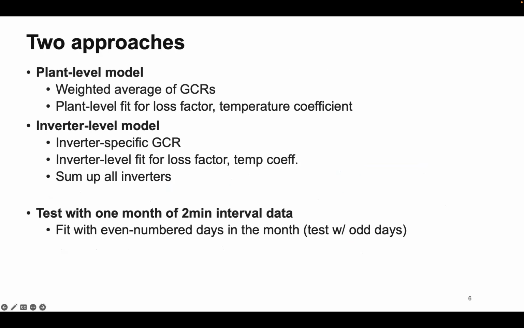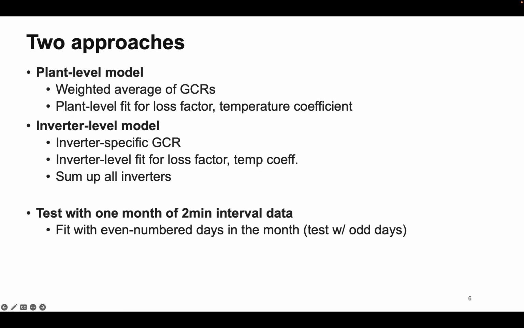There's these two approaches. What we previously did is a plant level model with a weighted average GCR as an input to our self-shade calculation. And then we do a plant level fit for a DC loss factor and a temperature coefficient. And so what we're going to compare that with, this newer approach, is inverter level modeling with inverter specific GCRs, inverter specific fits, and then we sum up to aggregate those inverters.